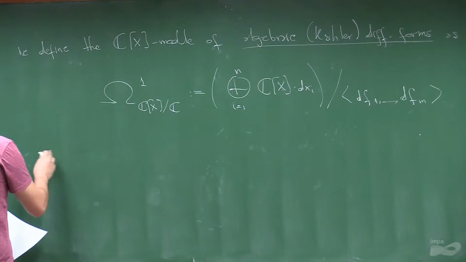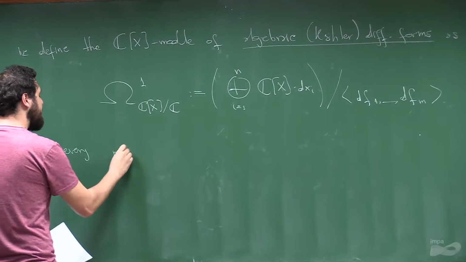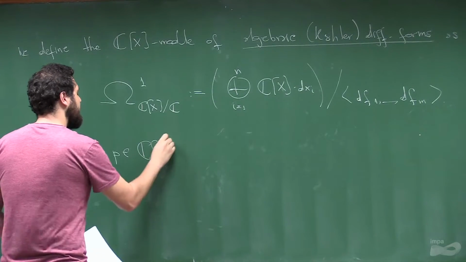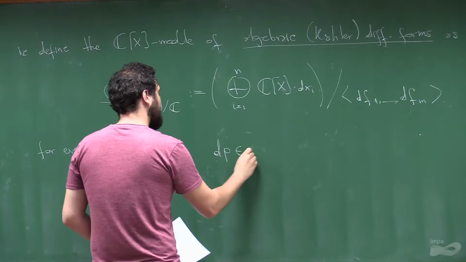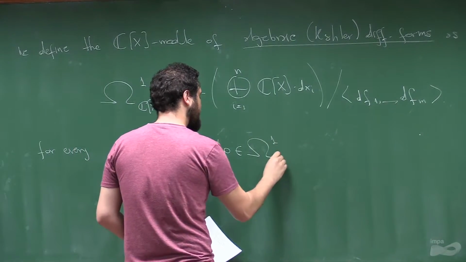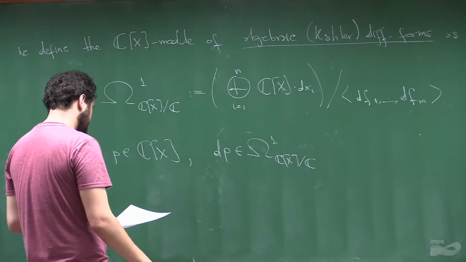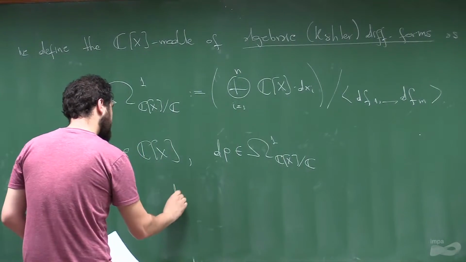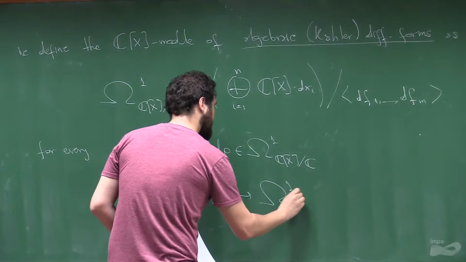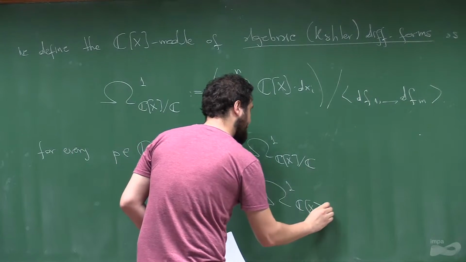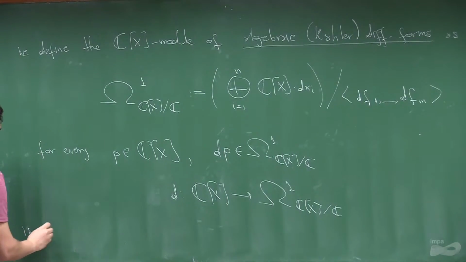Okay. And well, this notation, so for every polynomial here, for every regular function, we denote this differential form. This is just formal notation, and this map is the universal derivation, right?